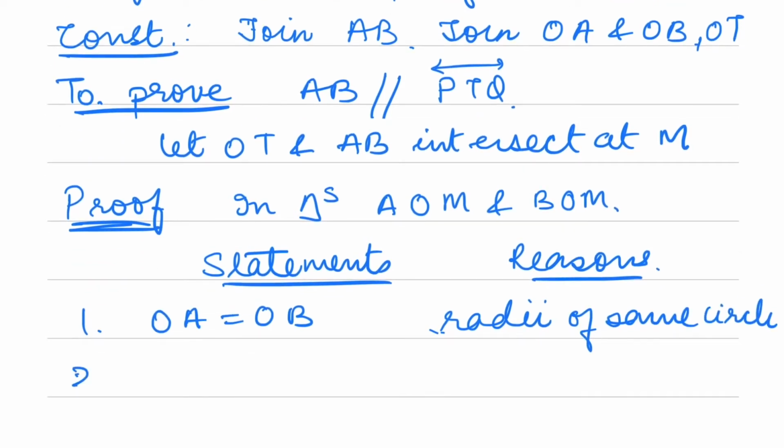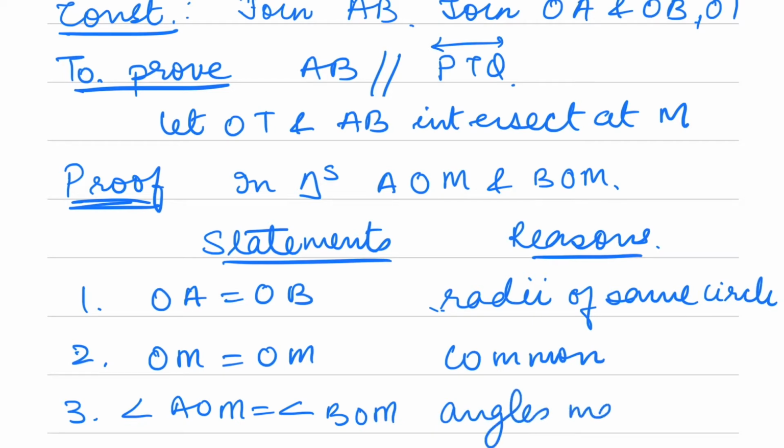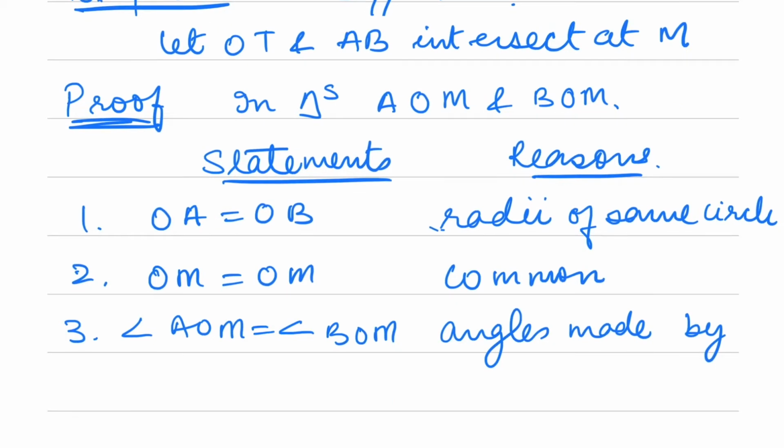Then second point, we can say OM is equal to OM. That's the common side, and we can say angle AOM is equal to angle BOM, angles made by equal arcs.